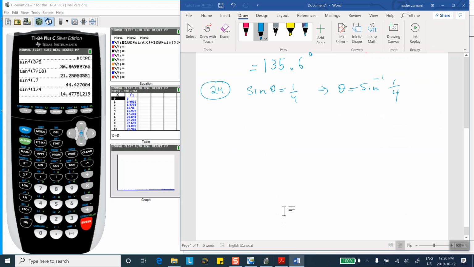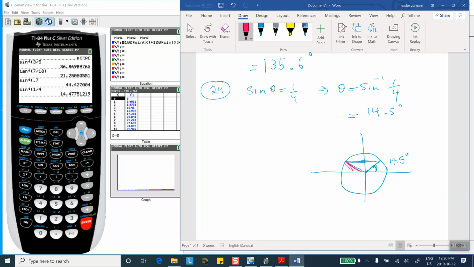So the calculator spits out 14.5 degrees. But once again, if you look at your trig circle, what the calculator spits out is only the angle between minus 90 and 90, which is this 14.5 degrees. However, there is also the angle on this side. In other words, the complement of that, this angle, which also has the same sine, which is 0.25.